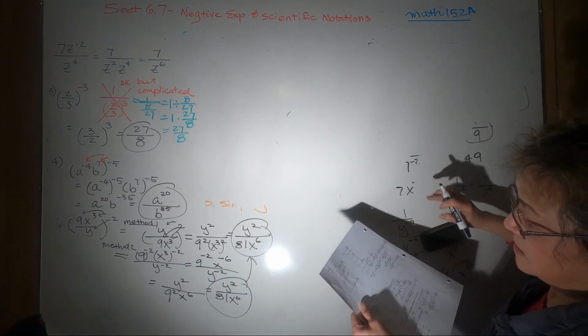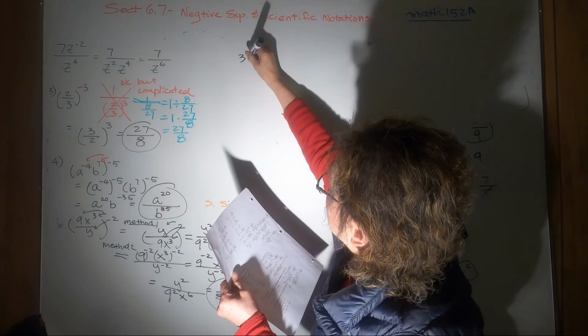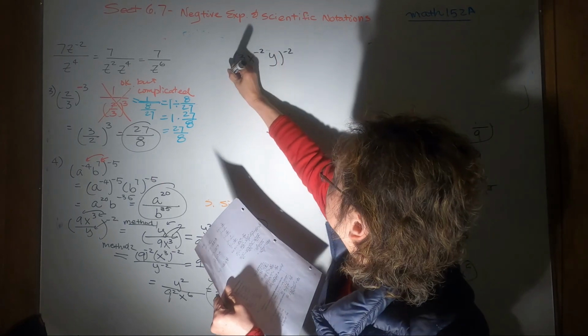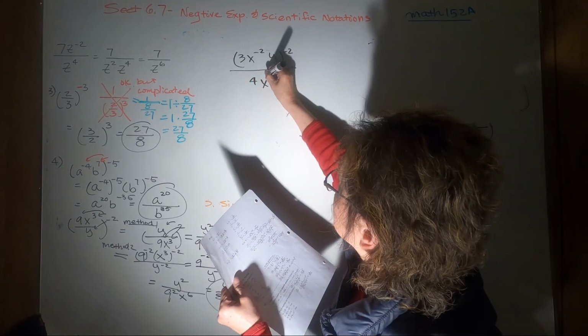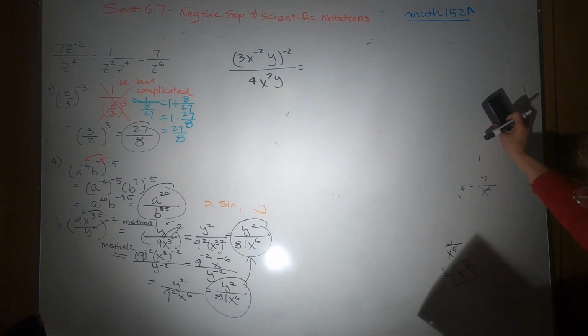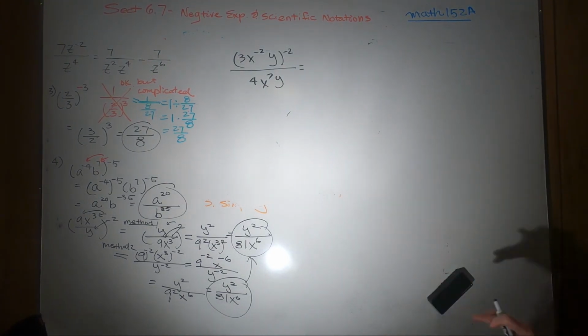Next one is (3x^-2 y^-2)^... over 4x^7y. Okay, so the easiest way is just write each variable individually with its own power, then do the flipping.